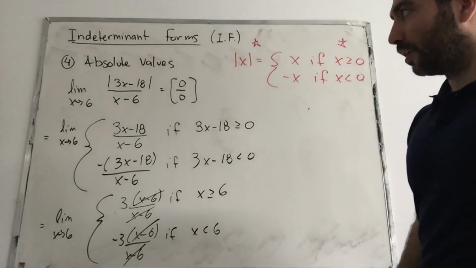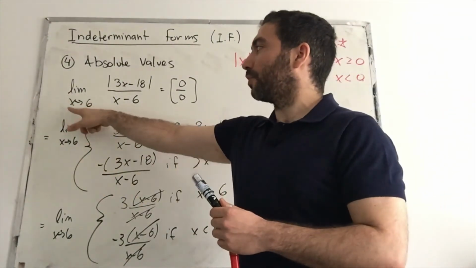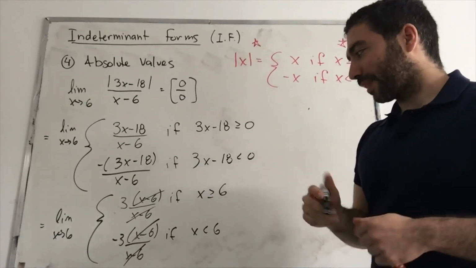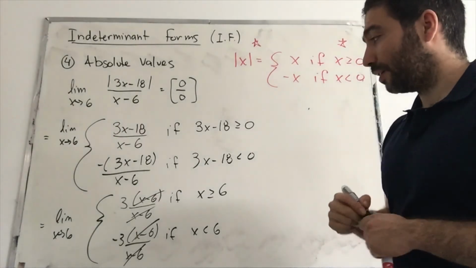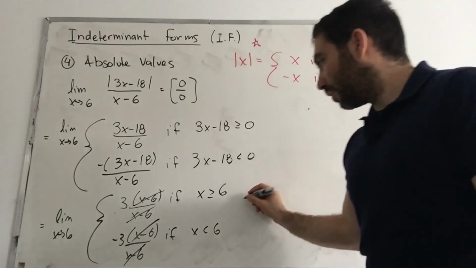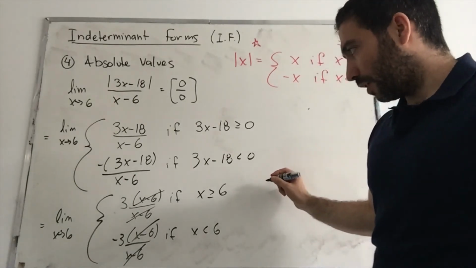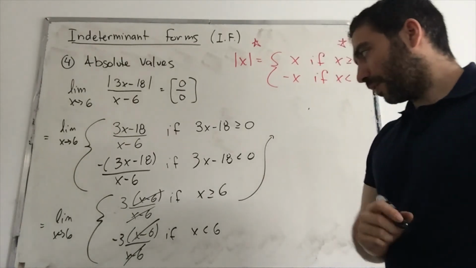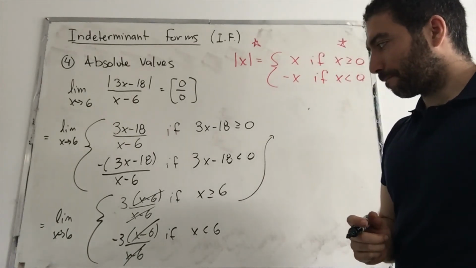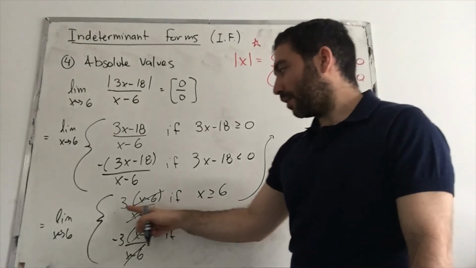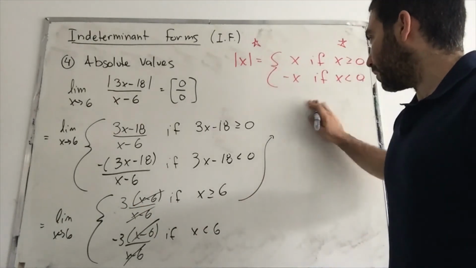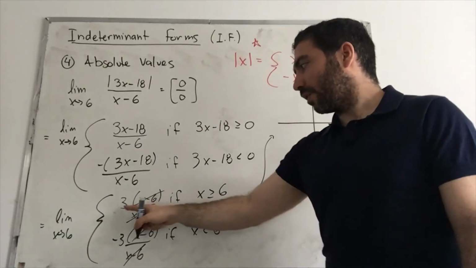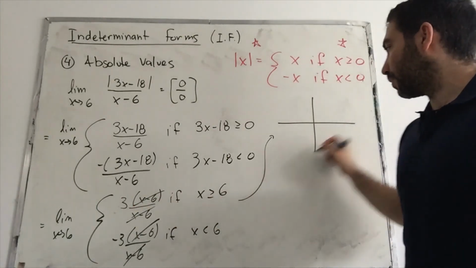Okay. So since we're looking for the limit as x approaches 6, I'm not a fan of the notation that I'm using, but essentially if we graph this, what we have is the y value is 3 for x greater or equal to 6.